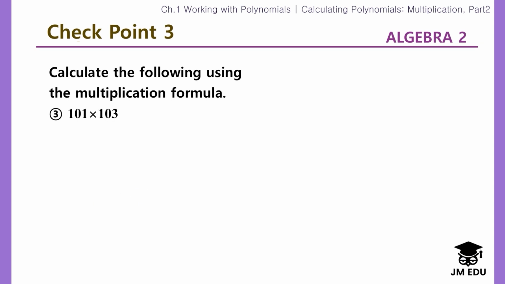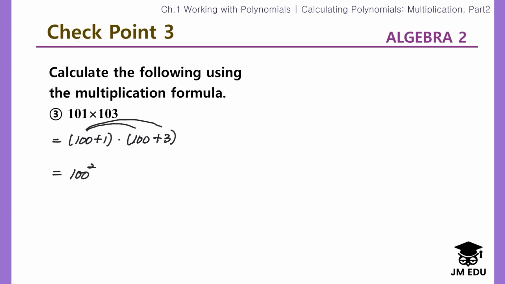Number 3, 101 times 103. 101 can be written as 100 plus 1. 103, that's 100 plus 3. So binomial times binomial, right? So that is equal to FOIL, first times the first, 100 squared.